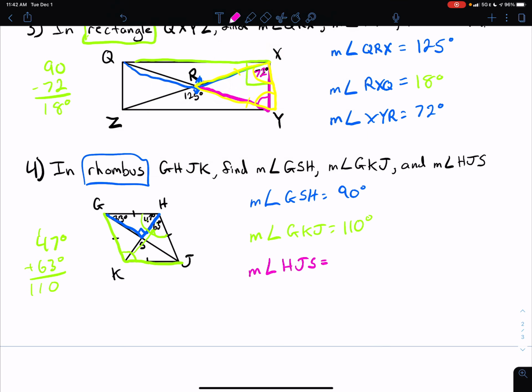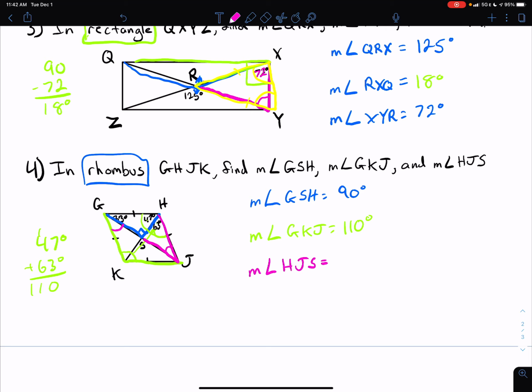All right, now lastly, we need HJS, so that is this one to this one to this one here. So what do we know? Well, we can do a couple of things. This one here is going to be the same as this one here.